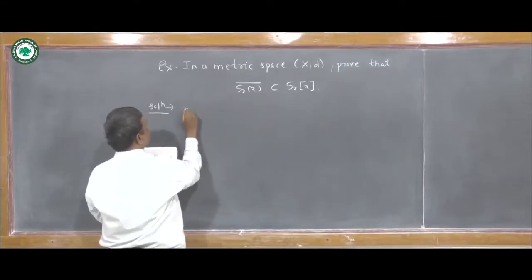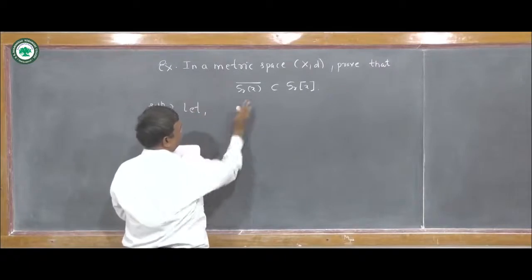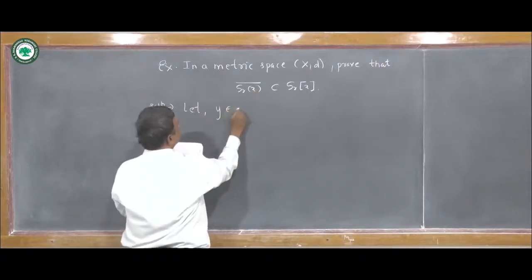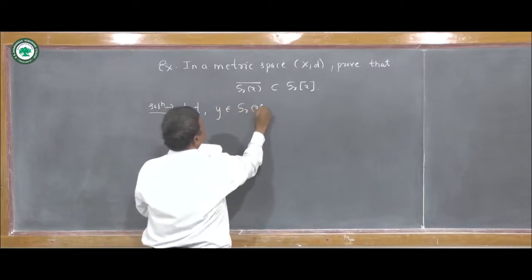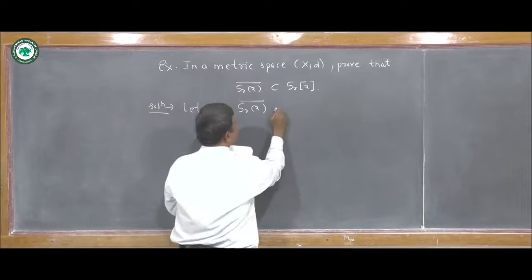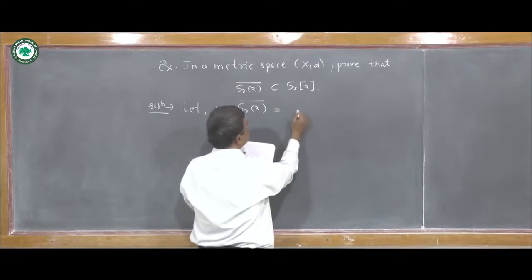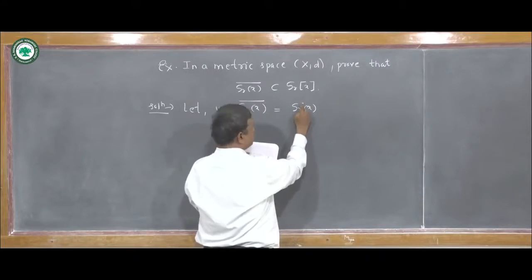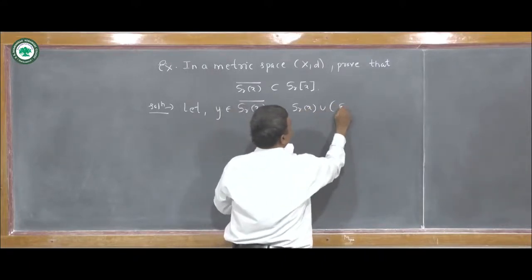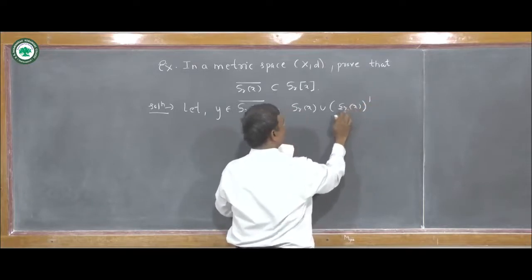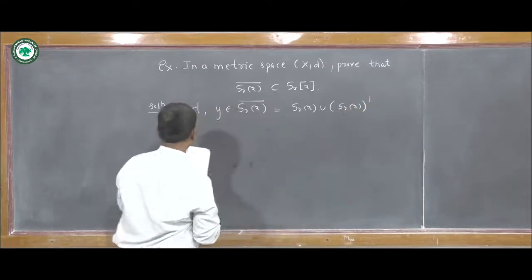proving this, we consider that y be a member of this set. So we write here, let y belong to the closure of the open sphere S_r(x). Now we know that the closure of the open sphere is nothing but S_r(x) union the set of limit points of the open sphere S_r(x).